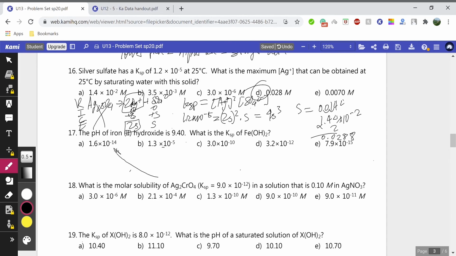Next, the pH of iron 2 hydroxide is 9.40. What is the Ksp of Fe(OH)2? To solve for this, it told you the pH, which you can convert to pOH to find the concentration of OH minus, and then using that, you can find the Ksp. So let's see here. Our reaction will be Fe(OH)2 forming Fe2 plus and 2OH minus.